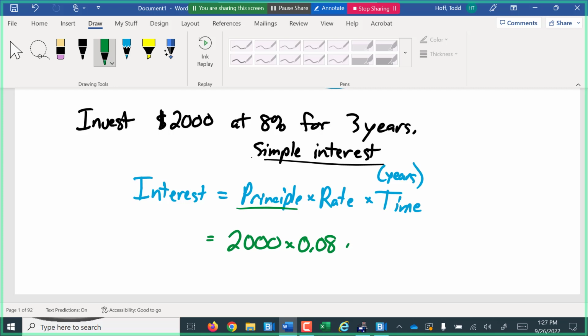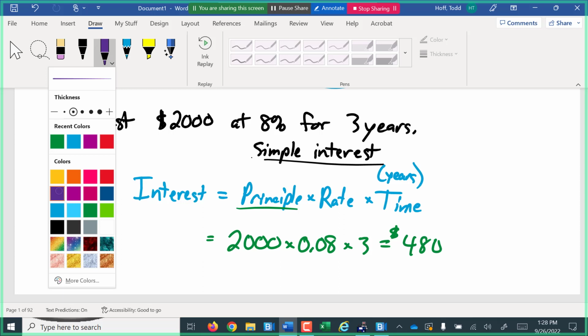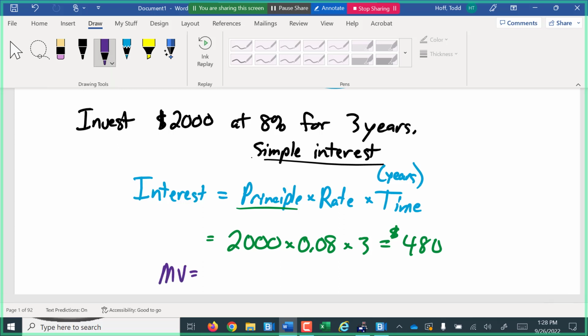So 0.08. And then the time? 3 years. So if we multiply that out now, 2,000 times 0.08 times 3 is what, $480, I believe, in the interest. And then the maturity value is the 2,000 plus the 480, or the 2,480.